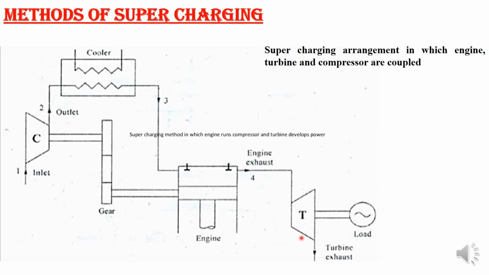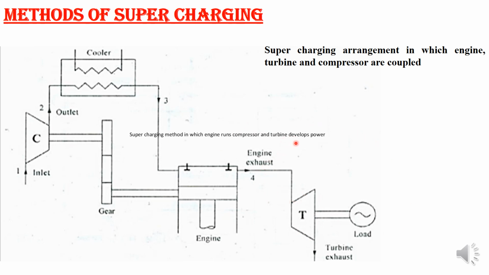This method is very rarely used, but it is one of the other methods you can use. Whatever power the compressor needs is produced from the engine, but the actual power output we get is in the turbine. So this is about the fourth method.